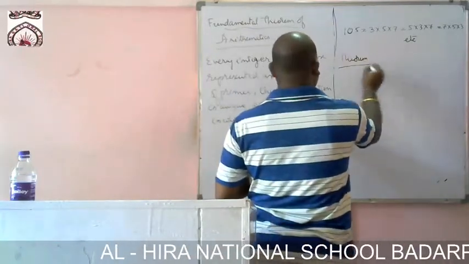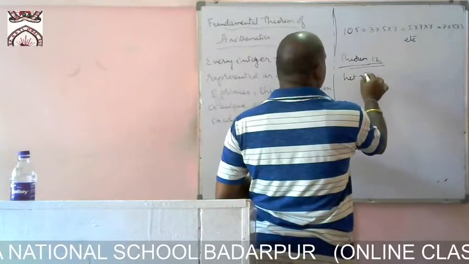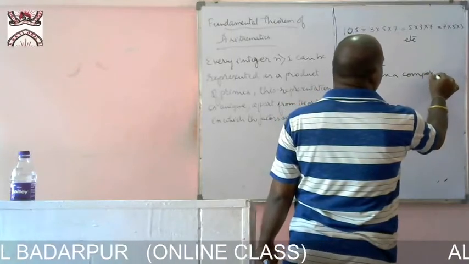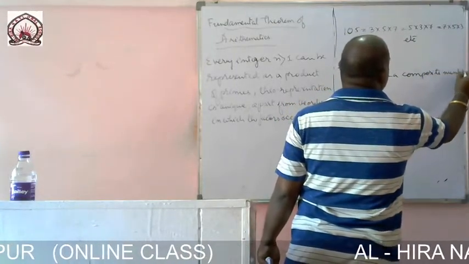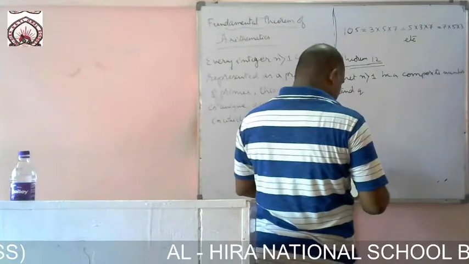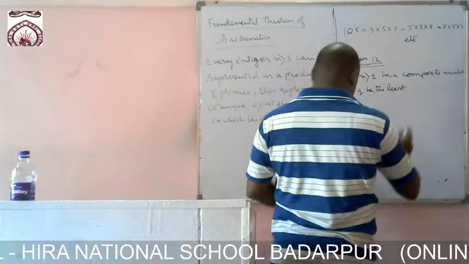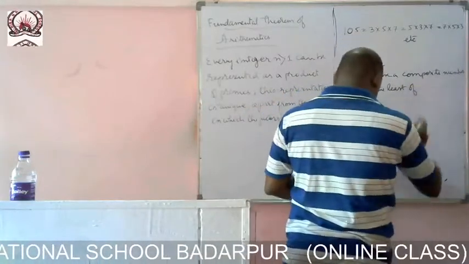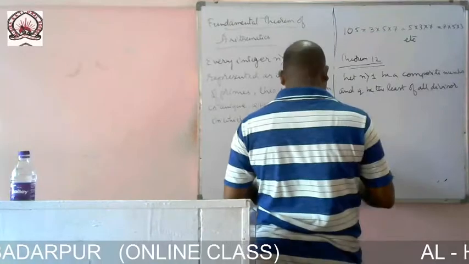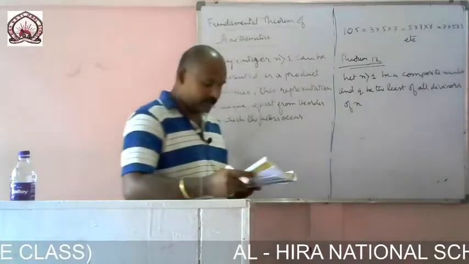Now, theorem 12. According to theorem 12, let n be greater than 1, a composite number, and let q be the list of all divisors of n.